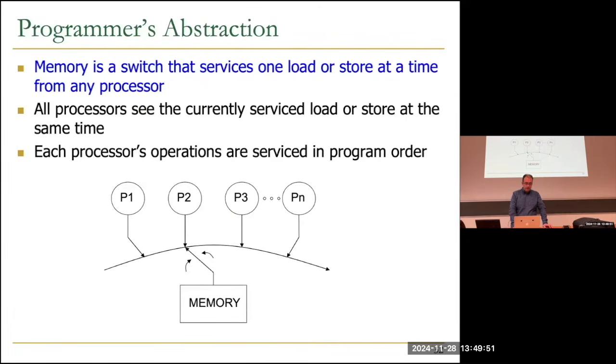From the programmer's abstraction, you can assume that in a sequentially consistent multiprocessor, essentially there is a switch between your memory and the shared bus. So memory services only one request at a time, and that service is observed by other processors.